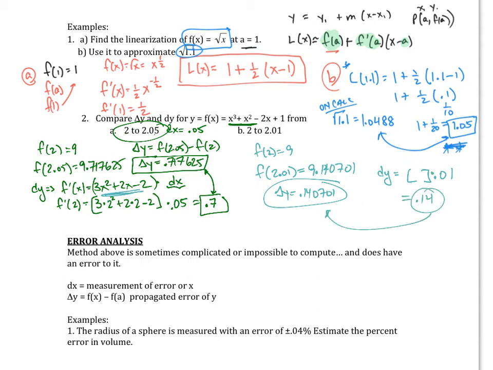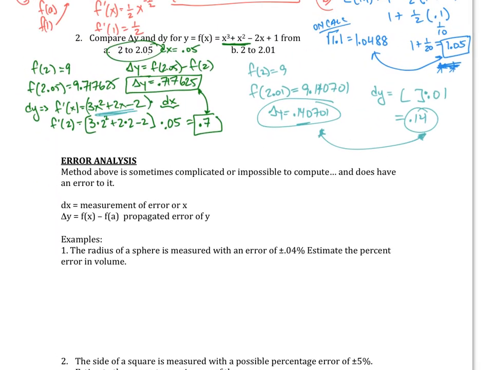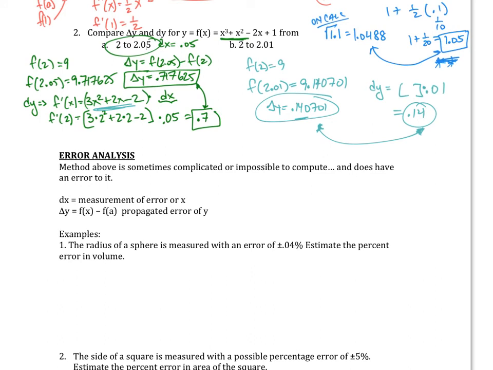Again, you can compare these, where this is the change in the two, and this is what the rate of change is going to be. All right, all of this will help us in error analysis. So let's take a look. So again, these are just saying what is delta y, which is a change in y, as opposed to dy, which is that instantaneous change that I'm looking for.